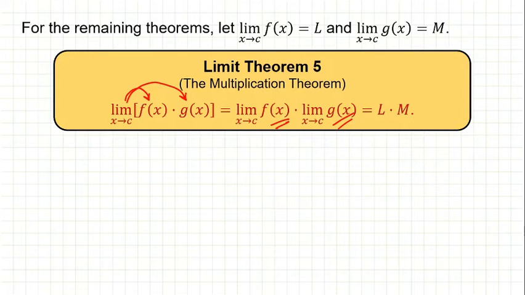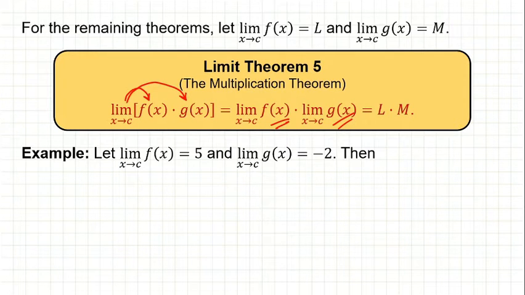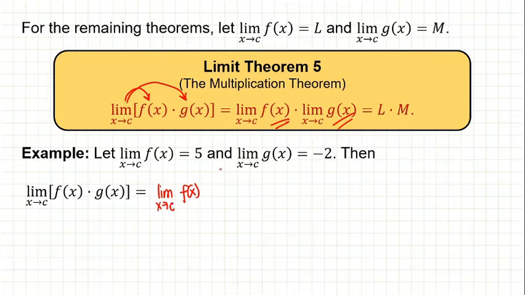Okay, example, if we have the limit of f of x as x approaches c equal to 5 and the limit of g of x as x approaches c equal to negative 2, then the limit of f of x times g of x as x approaches c will be the limit of f of x as x approaches c. Apply the theorem.